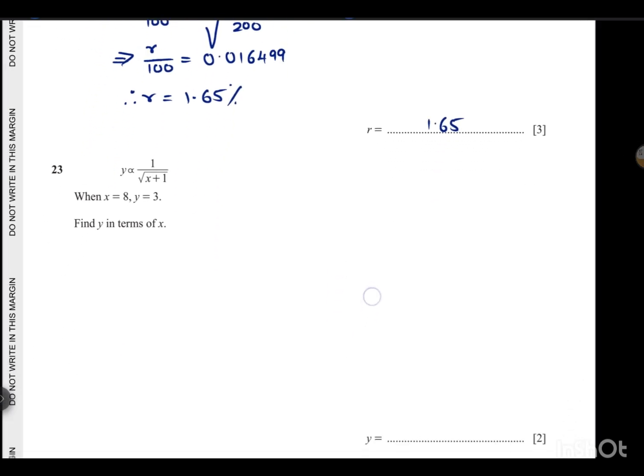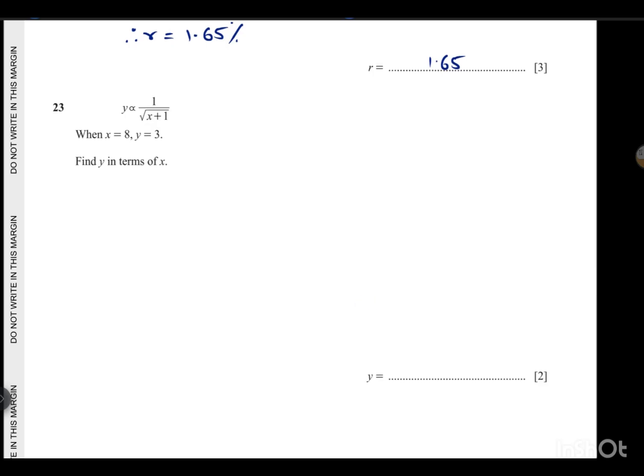Question number 23. Y is proportional to 1 by root x plus 1. When x is equal to 8, y is equal to 3. Find y in terms of x. Whenever something is proportional, you need to take it as an equation with a constant multiplied to it. So you will get k in the numerator here. K is constant. Now we know the value of x and y. Using this, find the value of k.